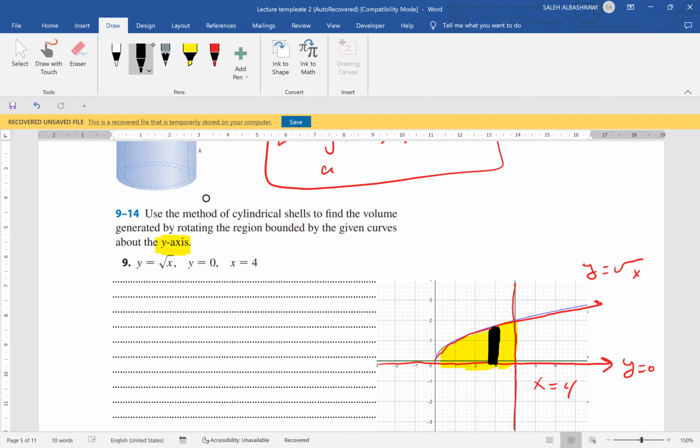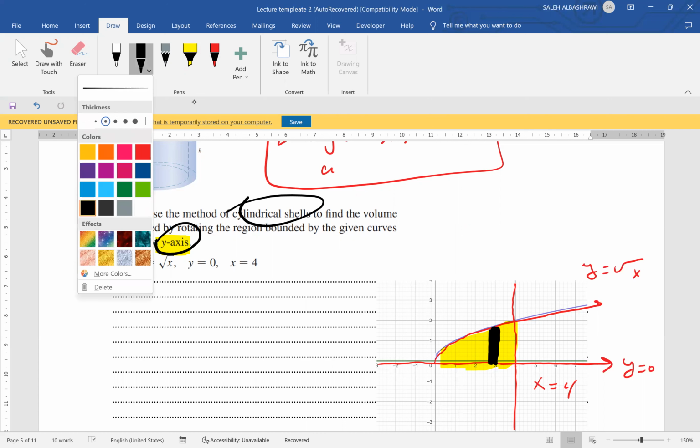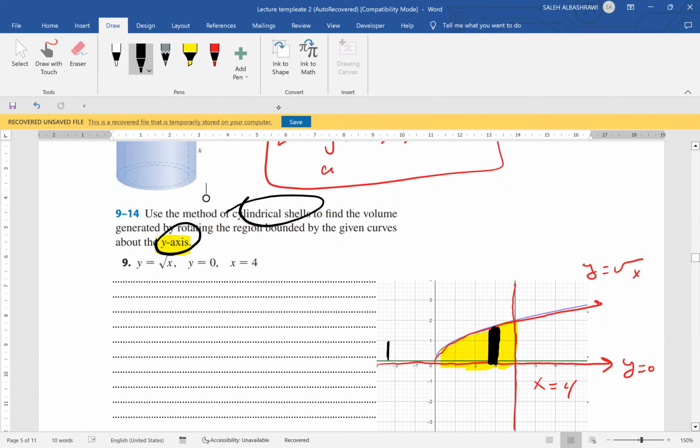If we need to rotate about the y-axis using the cylindrical shell, we graph a vertical bar or vertical rectangle on the x-axis and rotate it about the y-axis. This will give me another bar on the other side, like this. And if we rotate it, we'll have a cylindrical shell, similar to this shape. This is my cylindrical shell.